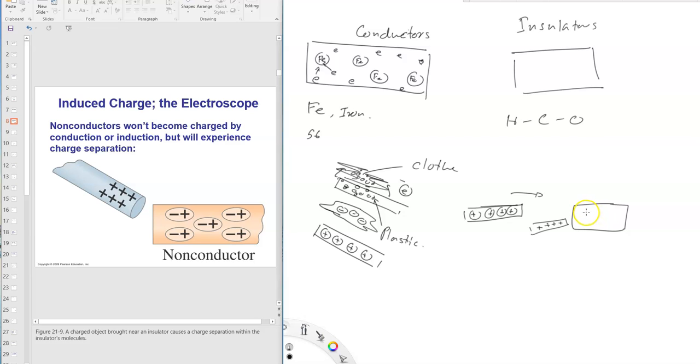So we know that like charges repel, opposite charges attract. So more electrons, if this is like a metal object that has freedom for conduction, more electrons will gather on this side. The positives will be here because they don't have much freedom to move, but there will be few negatives here, but most of the negative charges will get attracted to the left side.